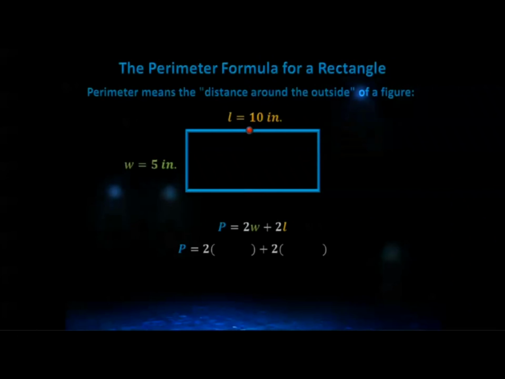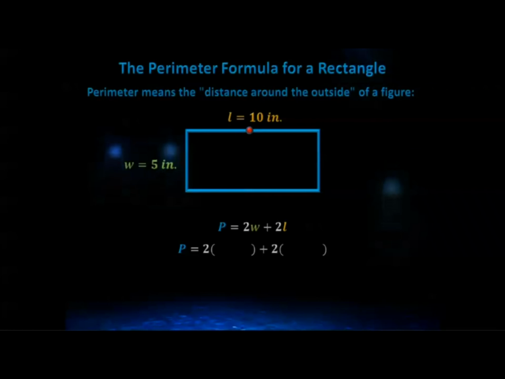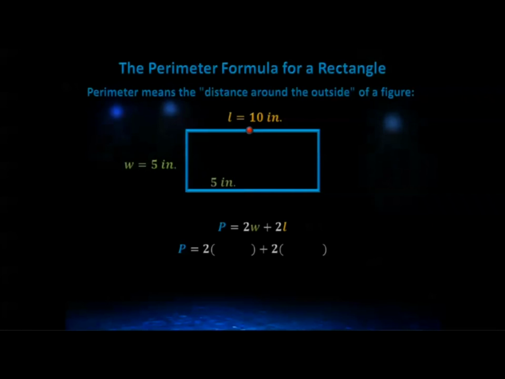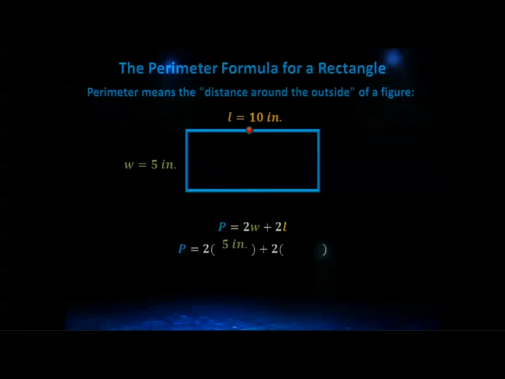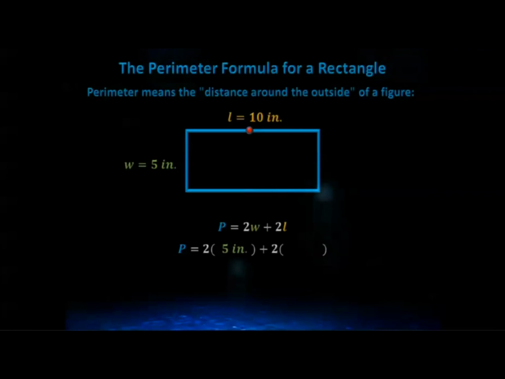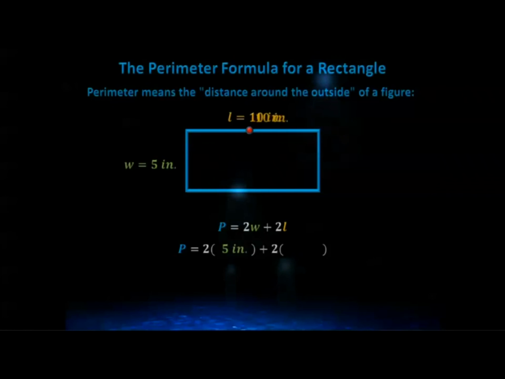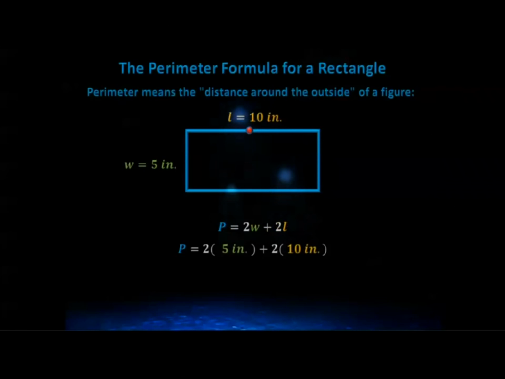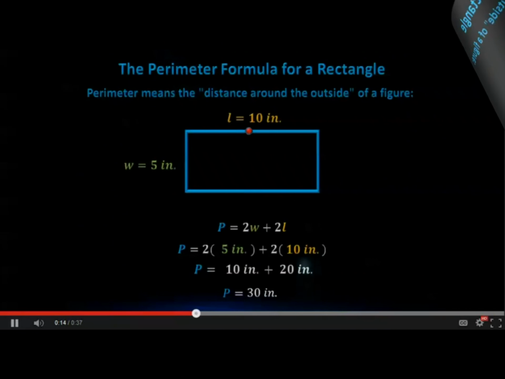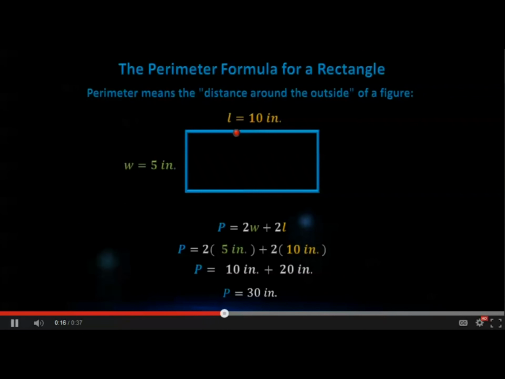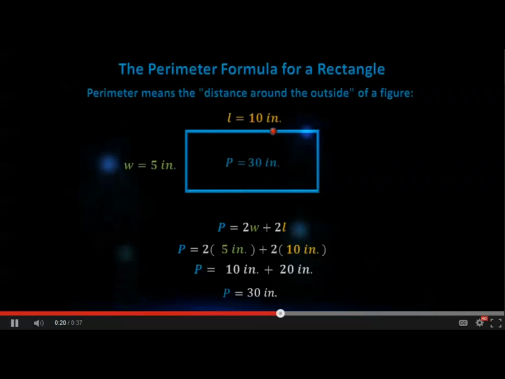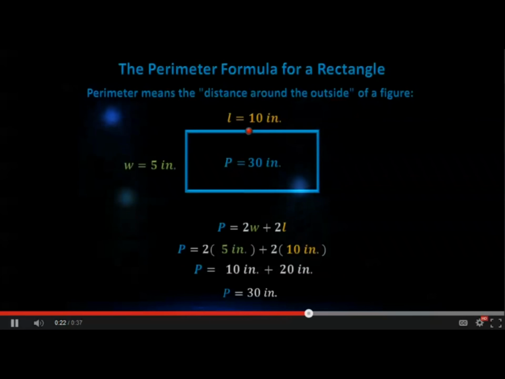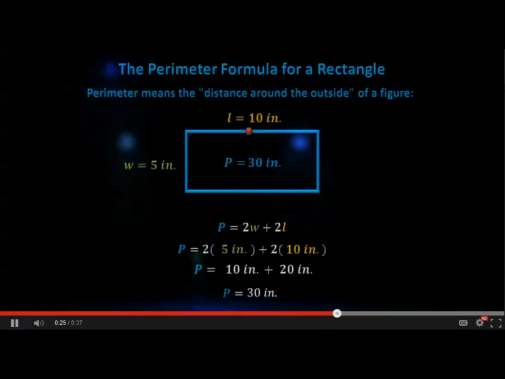To replace, first of all, the width by the value for our rectangle, which is 5 inches. And we replace the length by the value for our rectangle, which is 10 inches. And we have calculated the perimeter, the distance around the outside of our rectangle, and it is equal to 30 inches.